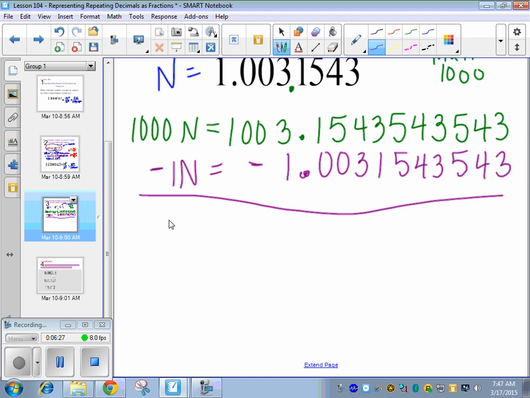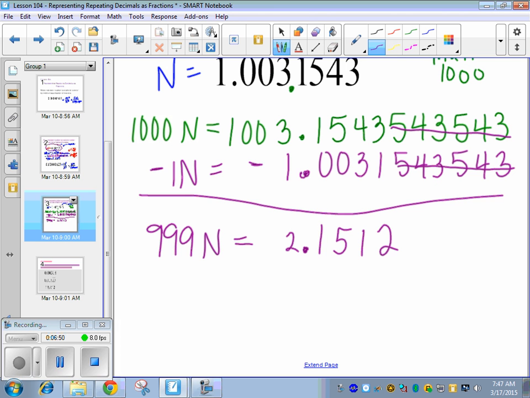So this time on the left-hand side, I get 999n. We're going to subtract over here, so my repeaters all cancel. And now I have 3 minus 1 is 2, 4 minus 3 is 1, 5 minus 0 is 5, 1 minus 0 is 1, put your decimal in, 3 minus 1 is 2, and then we have 0, 0, 1.